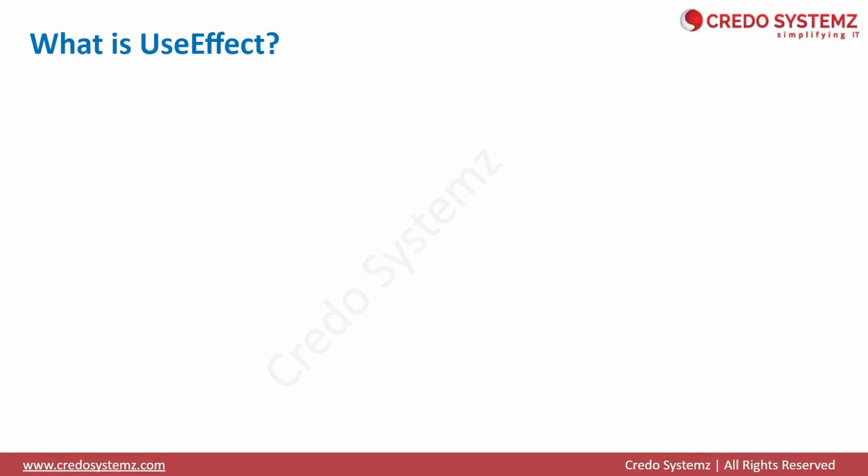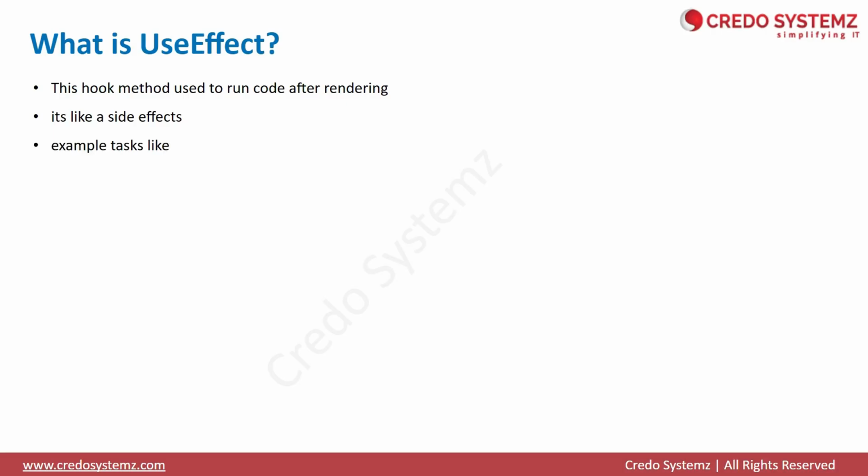So let's get started with what is useEffect. As we all know, useEffect is nothing but a hook method. That method will execute after the rendering of the component is completed. As a side effect, we can execute this useEffect hook method that will perform some kind of actions that helps you to achieve something like fetching data from an API, running some timers, or else you can clean up something.